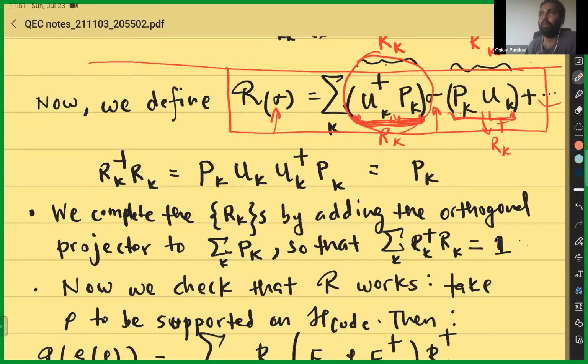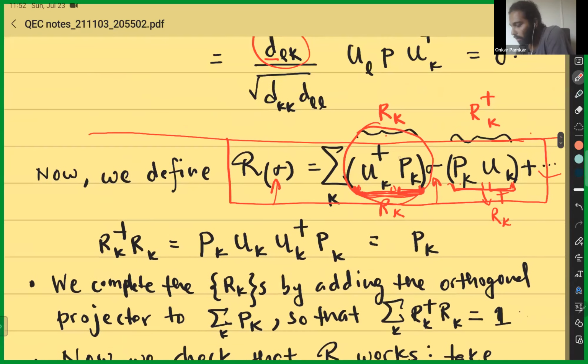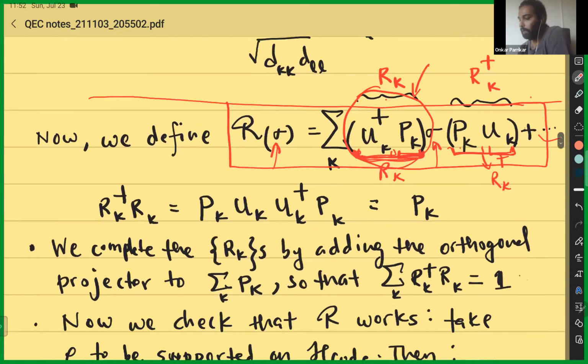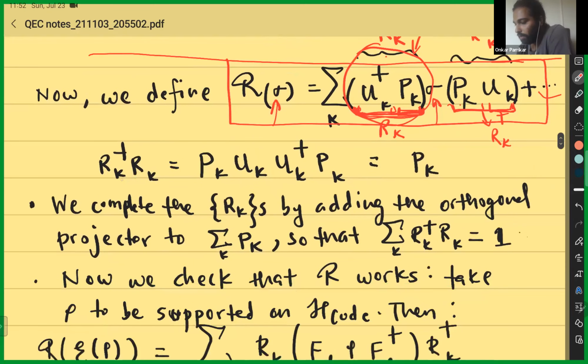And you can easily convince yourself that if I compute RK dagger RK, then you're going to get this thing here. And because U is a unitary operator, this becomes PK.